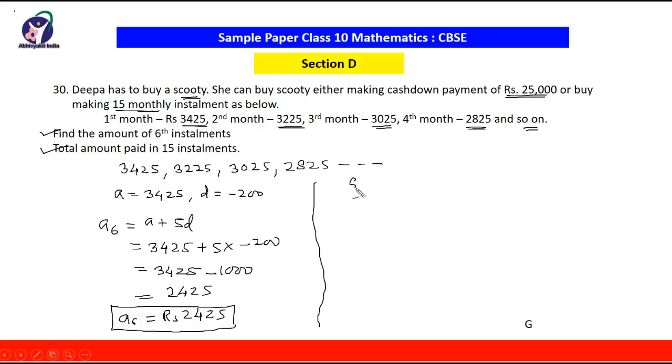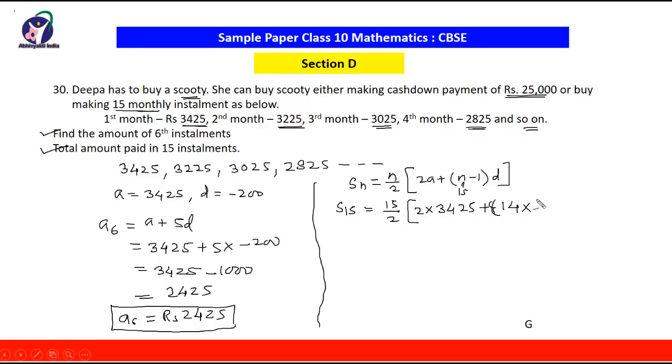So we have to find the sum of n terms, that is Sn is equal to n by 2 into bracket 2a plus bracket n minus 1 close the bracket into d close the bracket. Here n is 15, so it will be 15 by 2 into bracket 2a, that is the first term 3425 plus n minus 1, that is 15 minus 1, which is 14, into d which is minus 200, close the bracket.